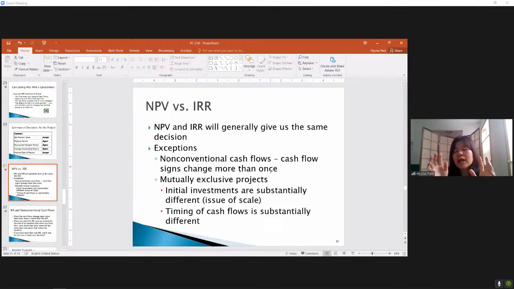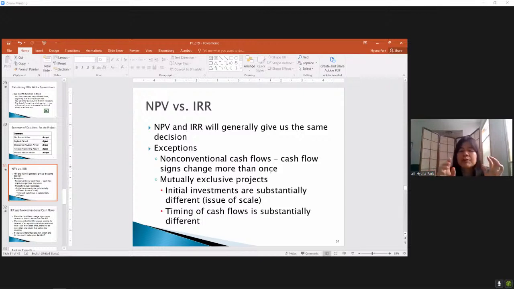So when a company evaluates those mutually exclusive projects, IRR may not be giving the best answer. So IRR and NPV may give different answers. So in that kind of situation, definitely use NPV.